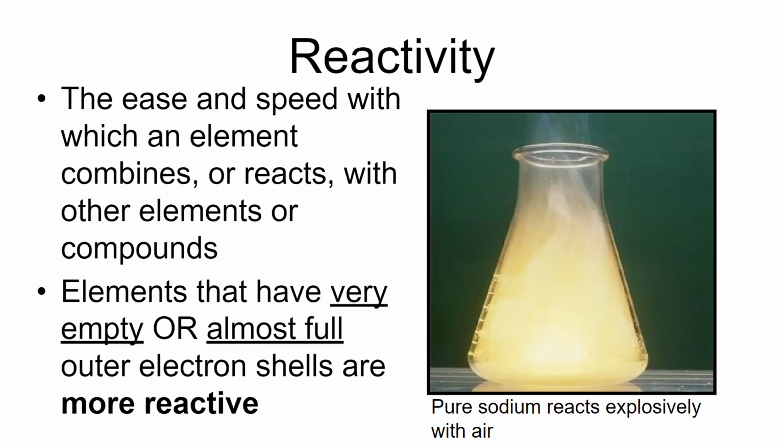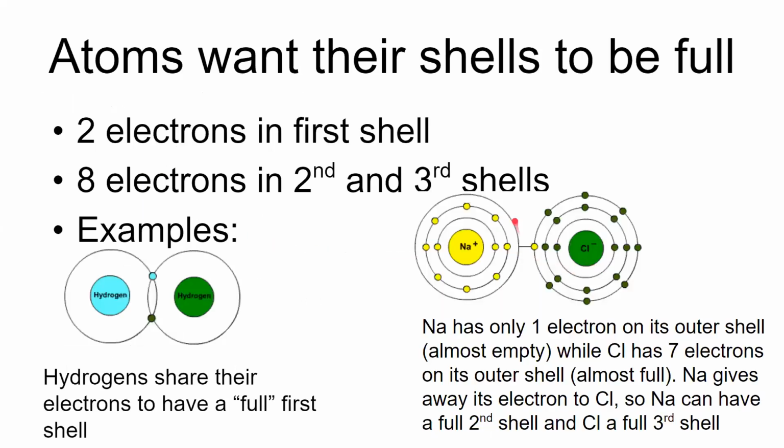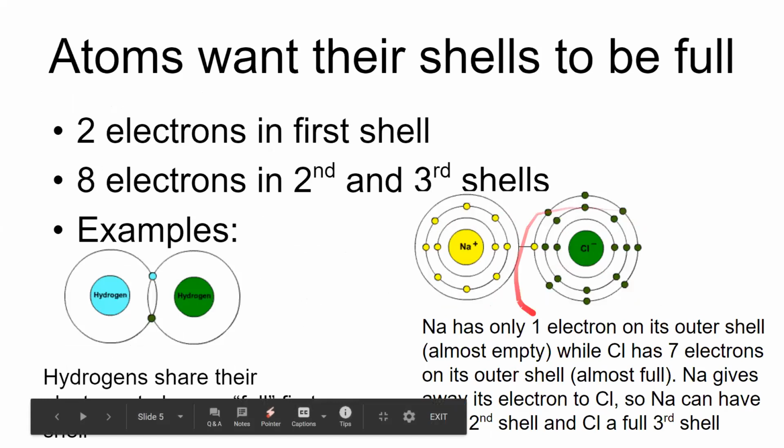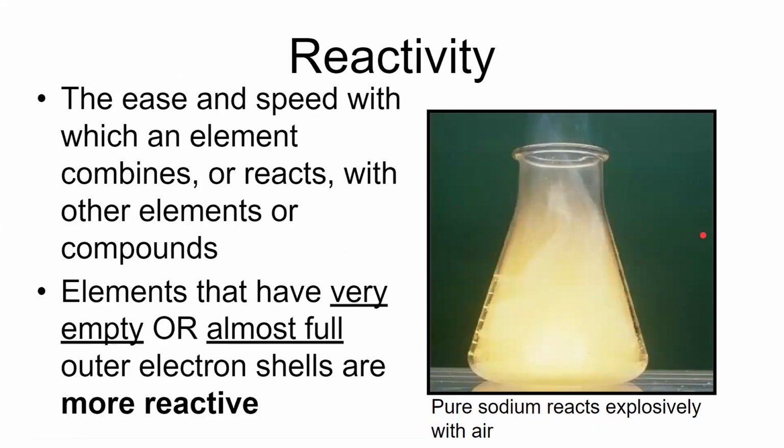So like I was mentioning with sodium and chlorine earlier, those are both very, very reactive atoms because sodium and chlorine will very quickly and readily react with elements and compounds that are around them.